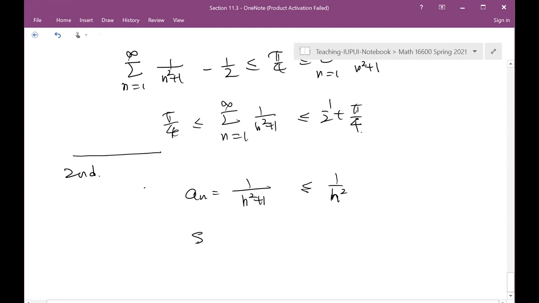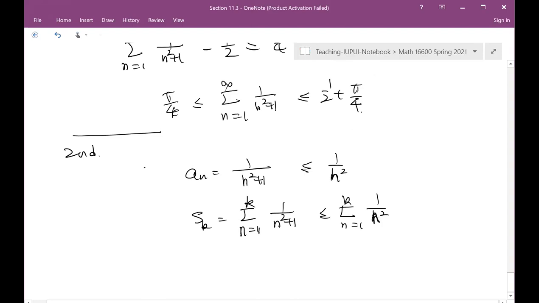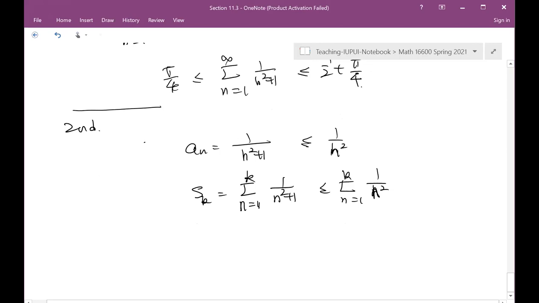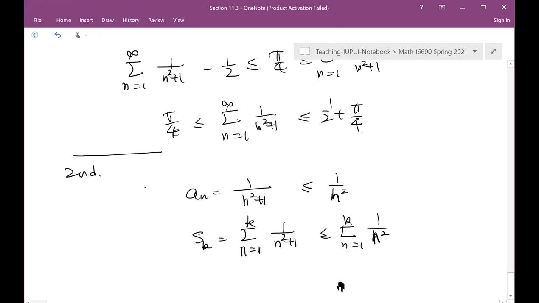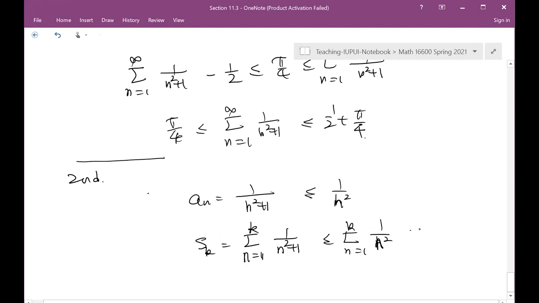Then the partial sum, n starts from 1 to k, I want to make sure this converges to a finite number. And then you will see that the right hand side is just a p series. So k is arbitrary, so we know this is less than the limit, which is finite.